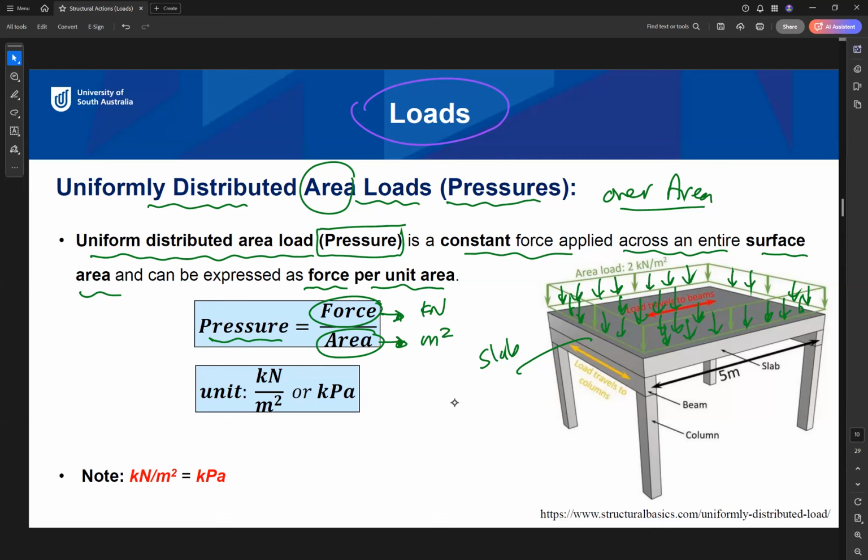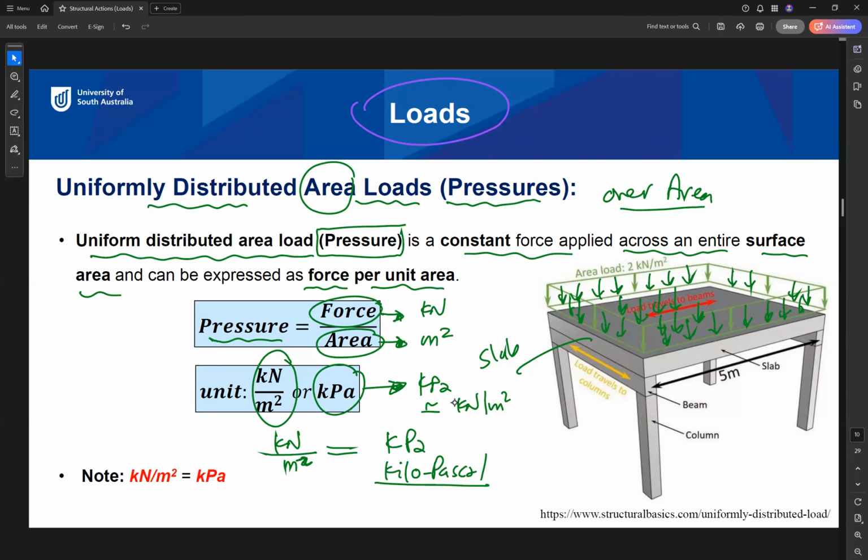So the unit will be kilonewton per meter squared, and kilonewton per meter squared is equivalent to kPa, or kilopascal. In the standards they use kPa in some cases. So kPa and kilonewton per meter squared are the same.